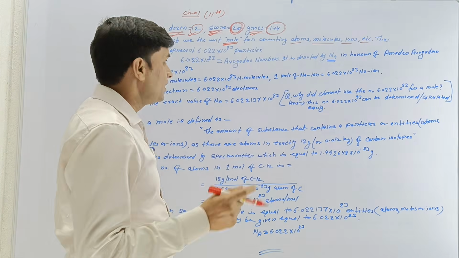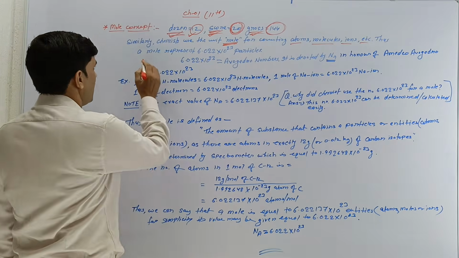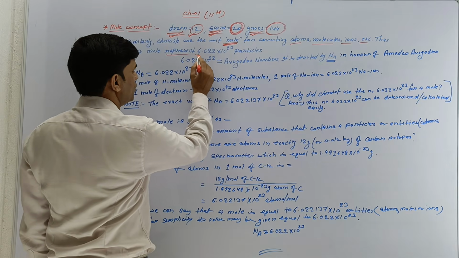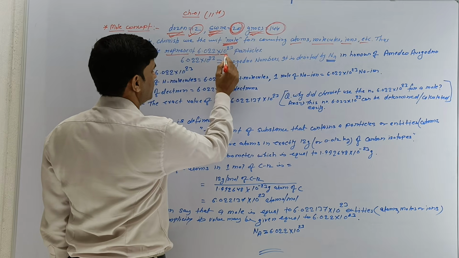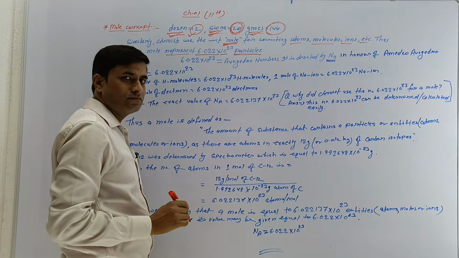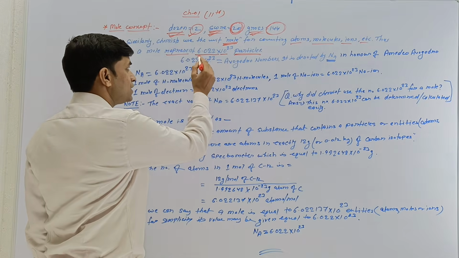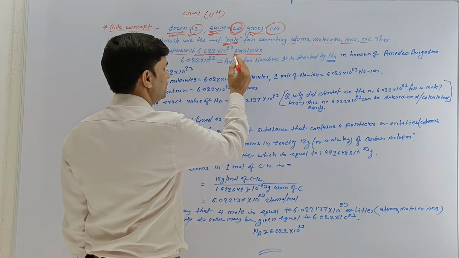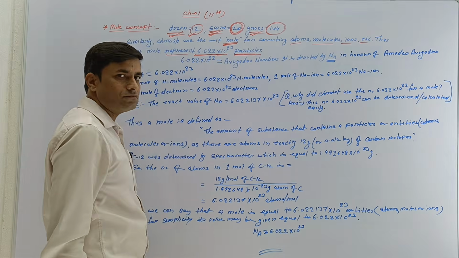What is a mole? We can say a mole represents 6.022 into 10 to the power 23 particles.